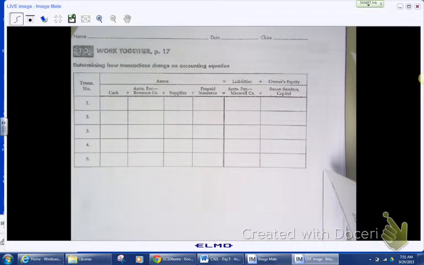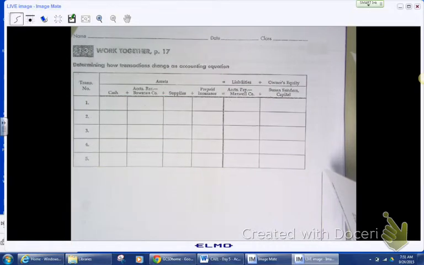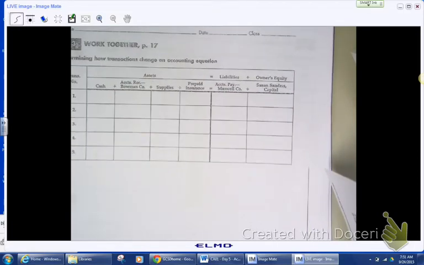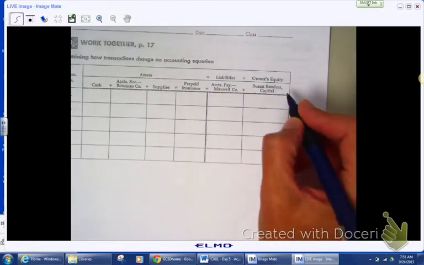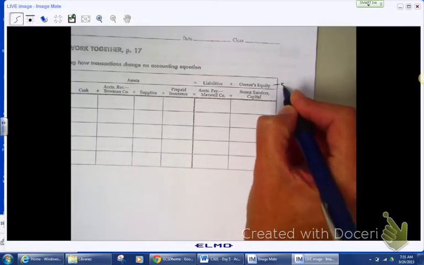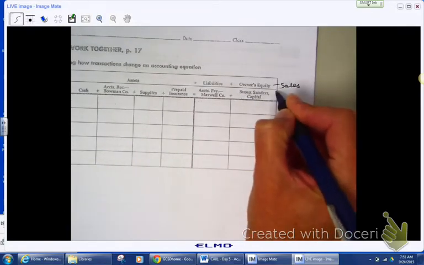So, received cash from sales. What do you think the two accounts that are affected are? Cash. Pardon me? Owner's equity, right. Because we said that sales affect the owner's equity account.